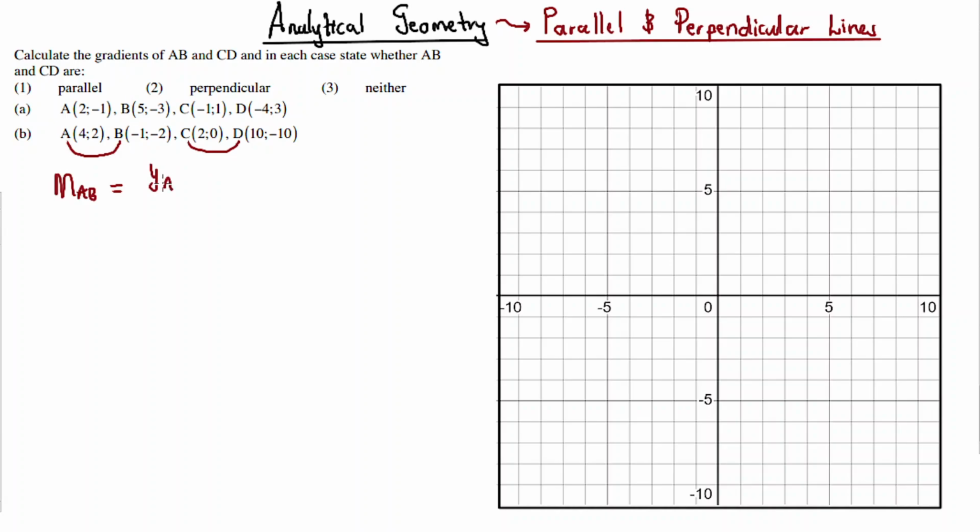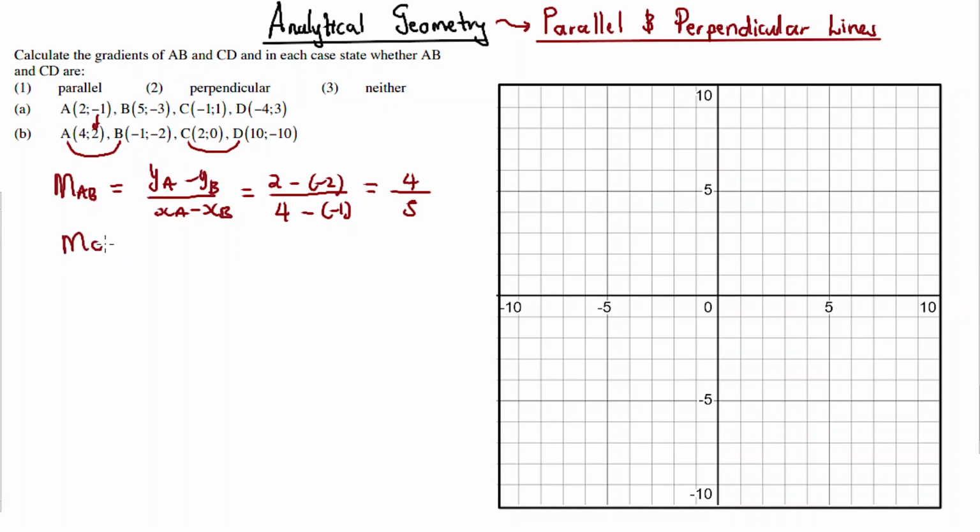It's YA minus YB over XA minus XB. YA is 2, YB is negative 2, over XA, that's 4, minus XB, negative 1. So we get a 4 as the numerator and a 5 as the denominator.